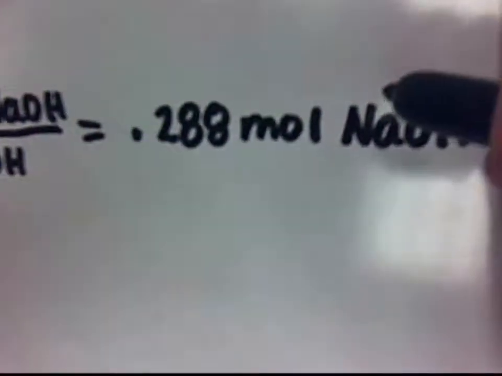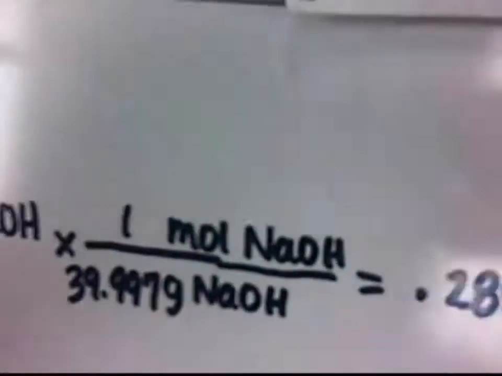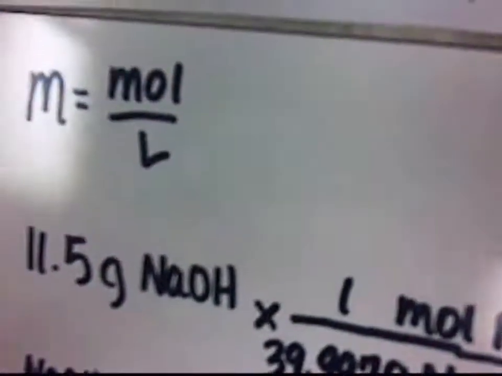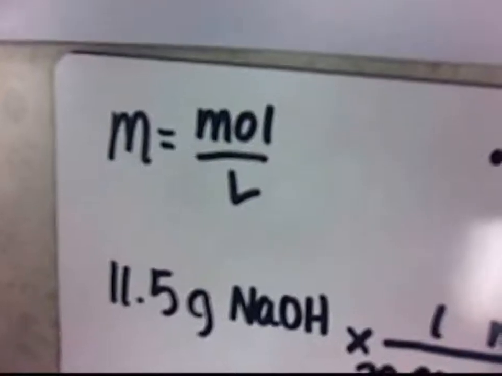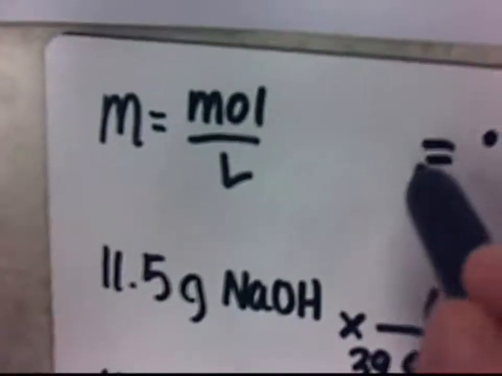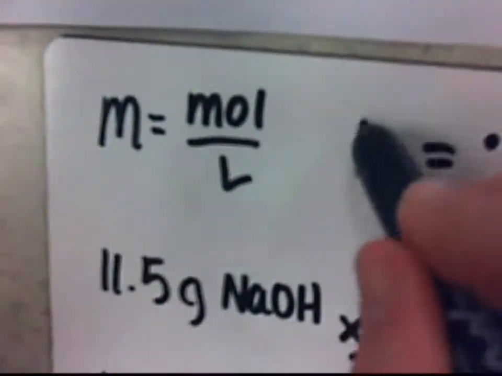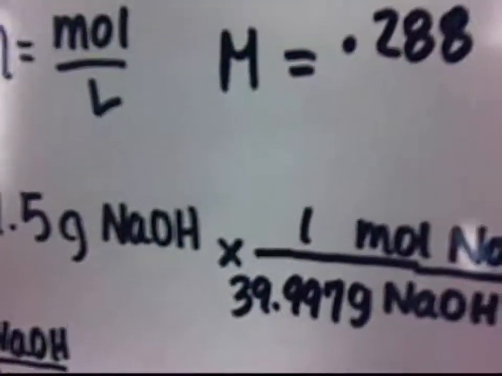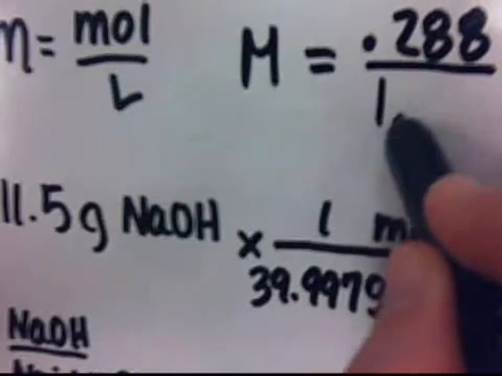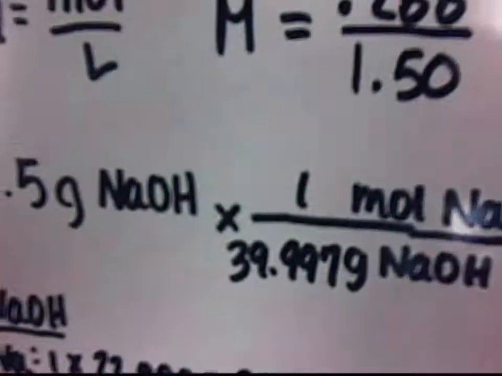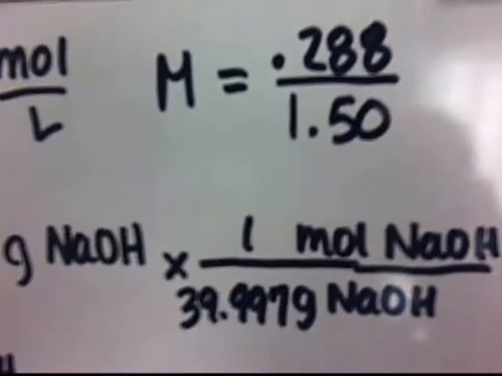Now I'm going to use that back up in this equation for my moles to find the molarity. So I have 0.288 for my moles, and I'm solving for molarity, so I put it in my M. And that's going to be over my 1.50 liters, because that's what they gave me originally in the problem.